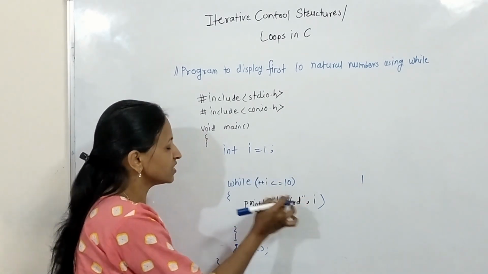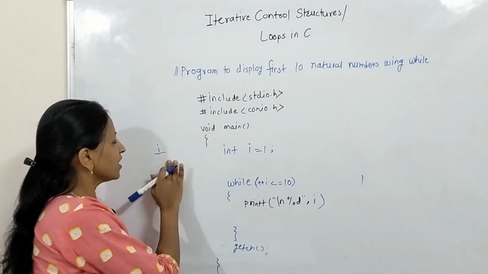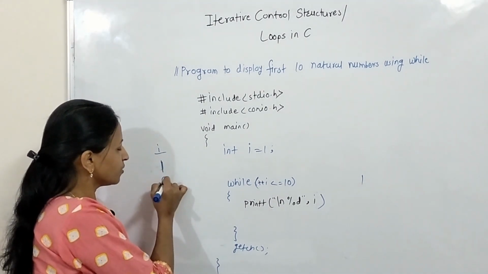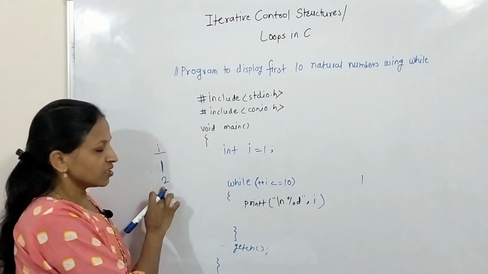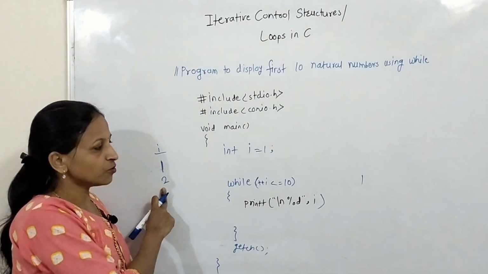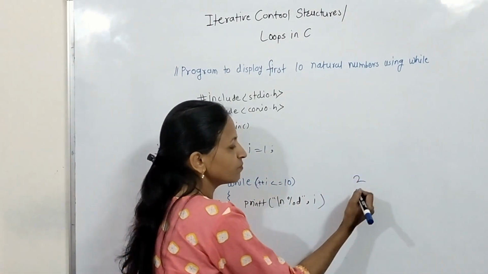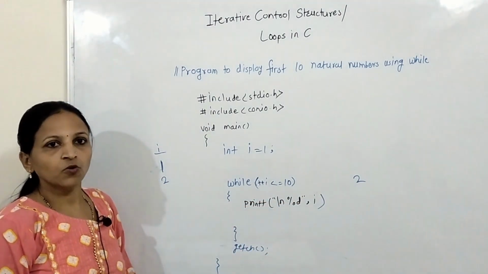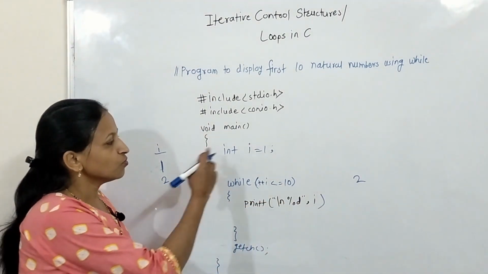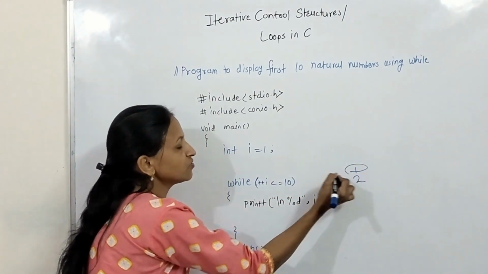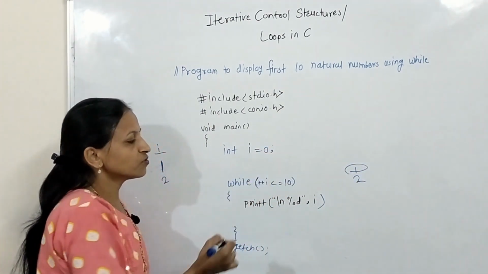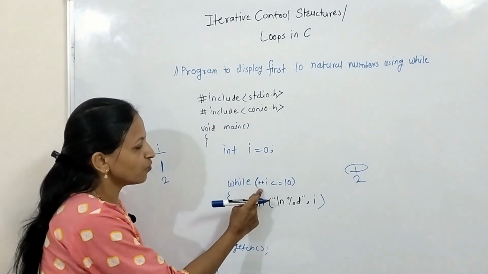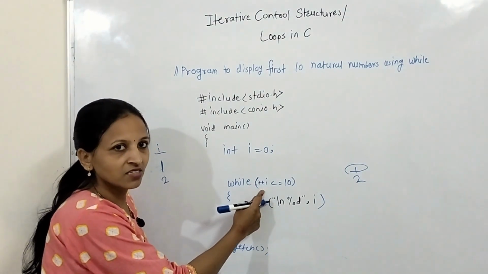Yes, it is true. It will display the value of I: first it will increment it, so it will become 2, and then it will get displayed. It will display values from 2 up to 10. It will not display that 1. That's why initialize I to 0 if you want to use plus plus I here.